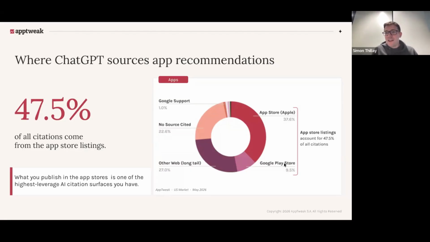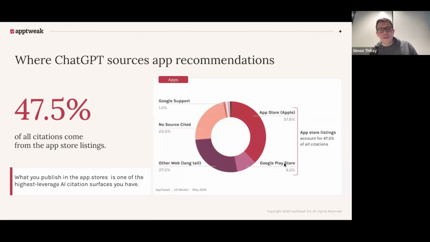These are URLs, but URLs coming from either the App Store domain or the Play Store domain being cited in the answers to queries that relate to specific app-related intent.